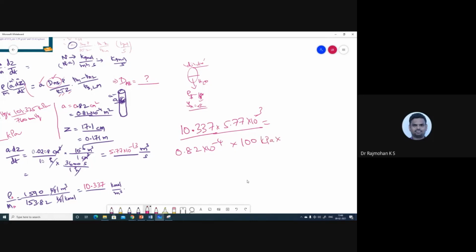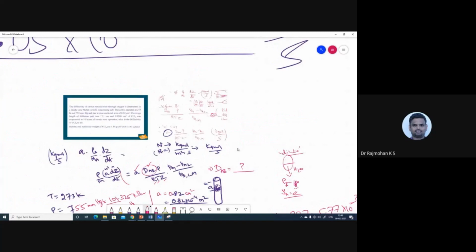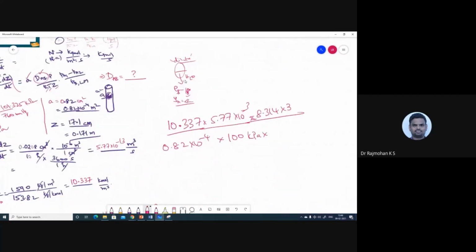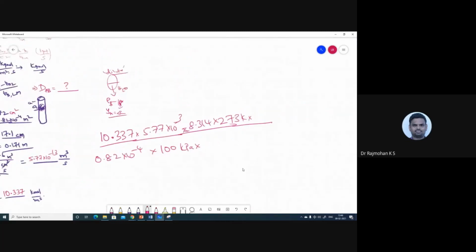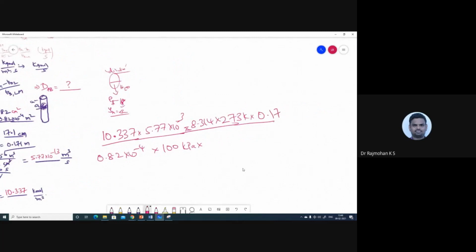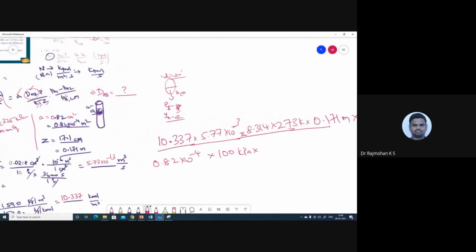So this RT Z will go in the numerator now. So 8.314 into temperature. The temperature is 273 Kelvin in this problem. RT Z will go in the numerator. So the Z value is approximately 0.171 meters, right? 0.171 meters into, so this 2 will go to the other side.